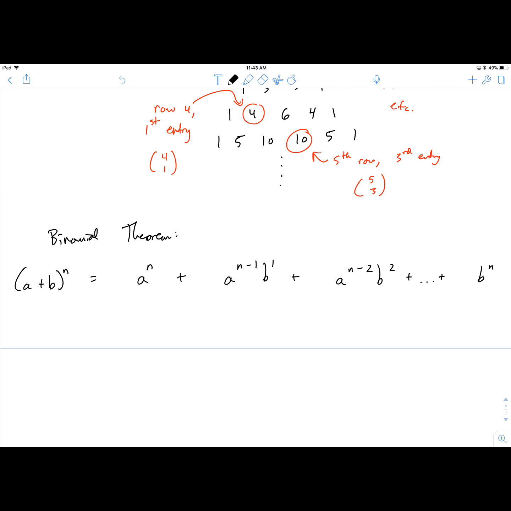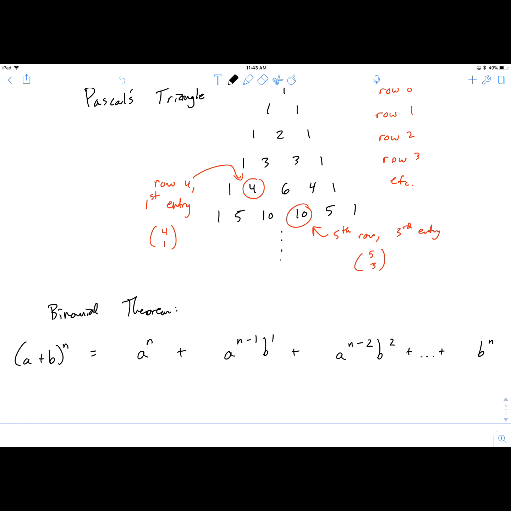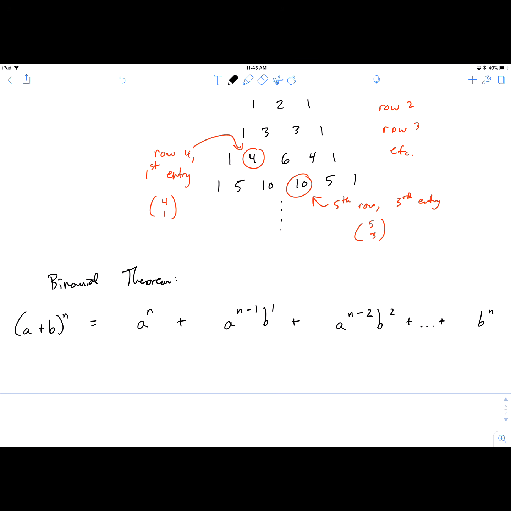So there's a lot of interesting patterns here. Then the coefficients of all these terms are going to be, it turns out, this choosing or combination answer. So for a to the n, the first term is going to be n choose 0, which it turns out is always going to be 1.